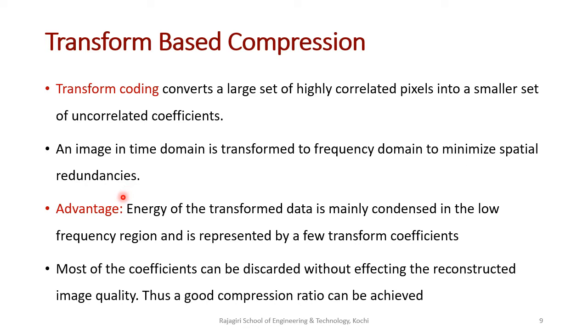For example, if you perform the discrete cosine transform, the energy of the transform data is mainly condensed in the low frequency region, and it can be represented by a few transform coefficients. So most of the transform coefficients can be discarded without affecting the quality of the reconstructed image. Thus, a good compression ratio can be achieved.